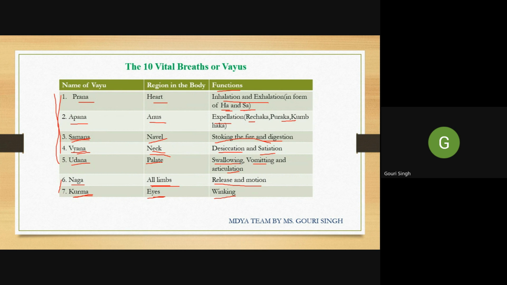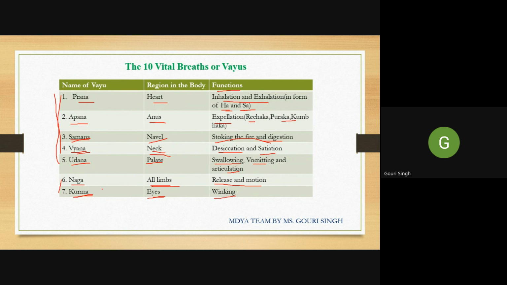Vyana is present in the neck area, so desiccation and satiation are possible. The next one, Udana Vayu, is present in the palate, so we are able to swallow and vomit anything, and articulation is possible. Naga is present in all limbs, for release and motion; that is the action it performs in our body.